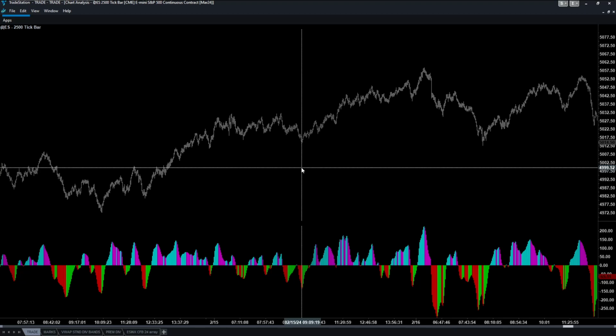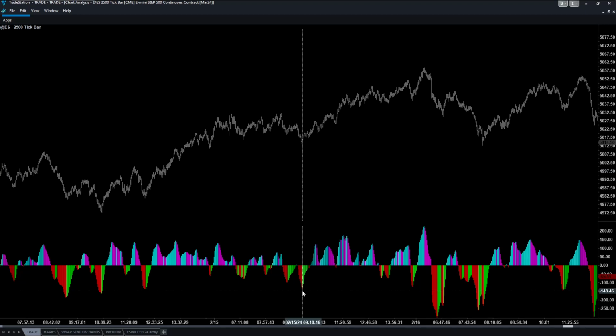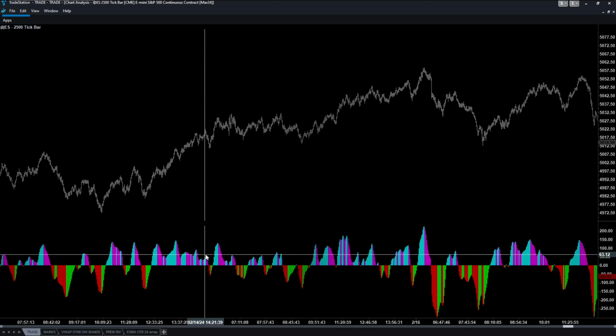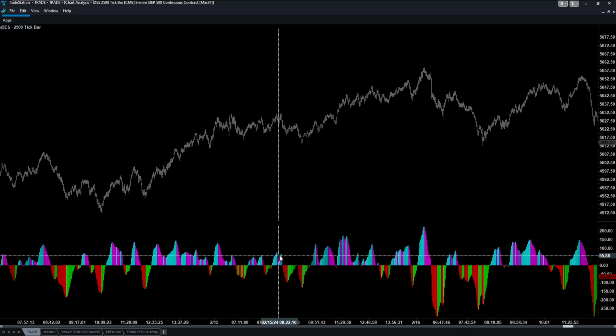So again, you won't always see divergence. So keep in mind, the primary reason we have this is for the 0 line. And we have this on each one of our charts, which enables us to also use this for the sake of divergence. And it works very well on the premium as well.